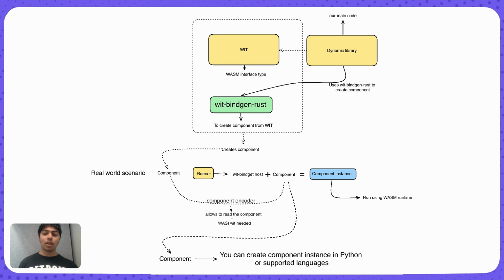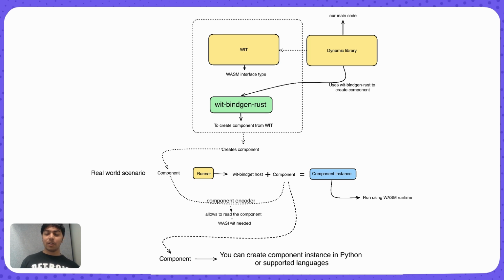One of the ways you can create a component instance is to use bindgen host and use a component encoder, which allows you to read the component and just encode it with your Wasm module. You could most certainly do that, but that probably doesn't sound like the best thing to do. You would always need to have the Wasm module and then do this encoding at runtime.